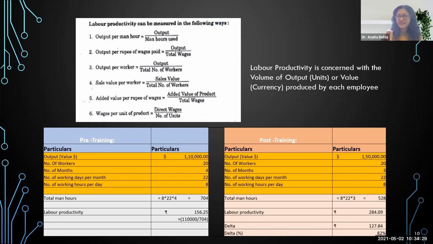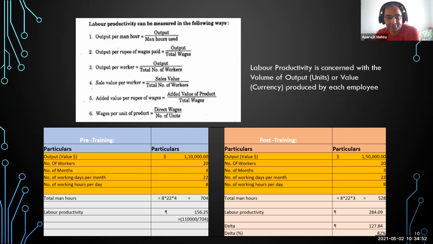Total value in terms of the currency or the revenue achieved is 1,10,000. So 1,10,000 divided by the total man hours. This is the formula for per person productivity. Right, madam. Okay, so now this is a pre-training score.